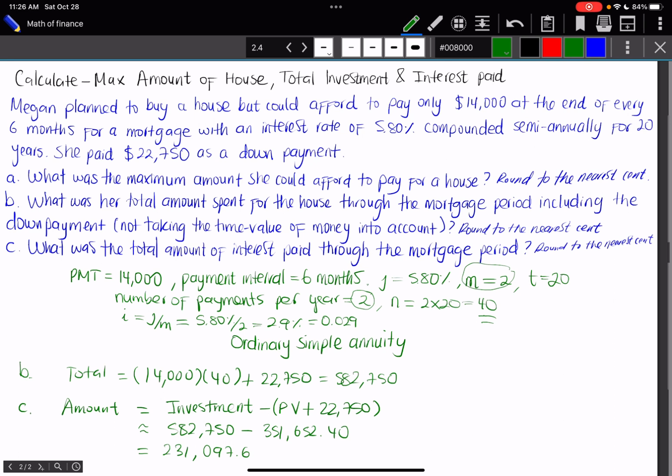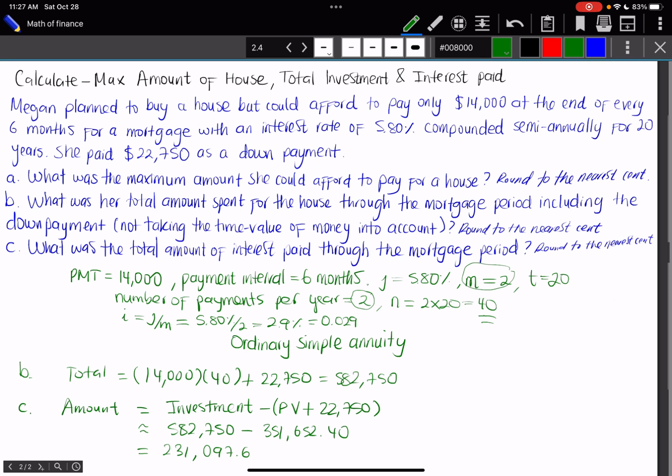Then we found the total number of payments during the term of the annuity by multiplying the number of payments per year by the time period in years. Then we found the corresponding periodic interest rate. And then we classified the annuity as an ordinary simple annuity, and we used that classification to pick the formula to compute the present value of the annuity.